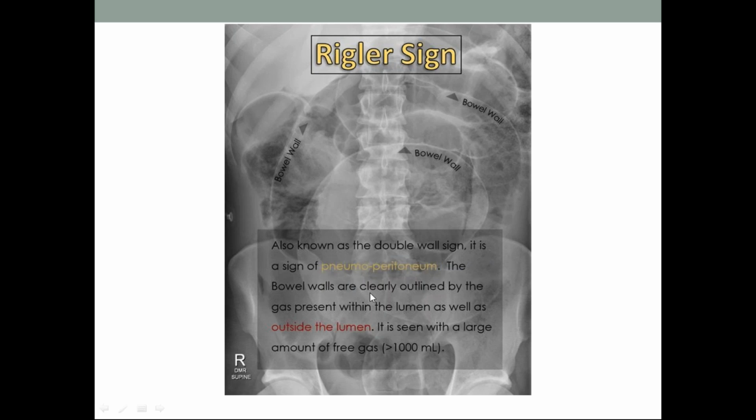The bowel walls are clearly outlined by gas present within the lumen as well as outside the lumen. It is seen with a large amount of free gas, that is, as I told you already, 1 liter, that is, above 1000 ml. This is the Rigler sign, the clear visualization of the bowel wall on an abdominal radiograph. This is the double wall sign.